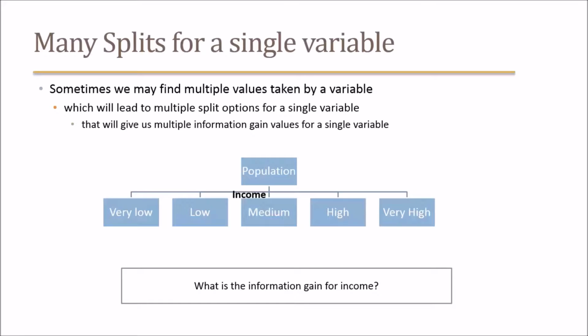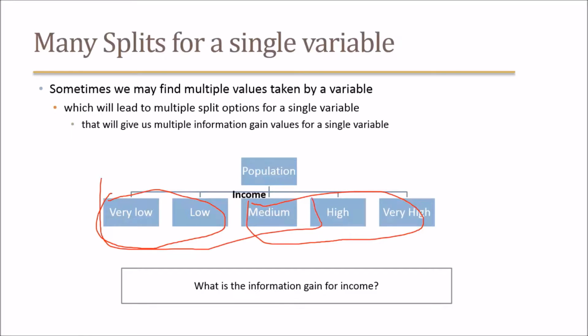So we can split it into 5 segments, or we can split the same into only 4 segments. Maybe we can say very low income is one segment, but the remaining three are three different segments. That is another option. Or we can even split that into just 2 segments.